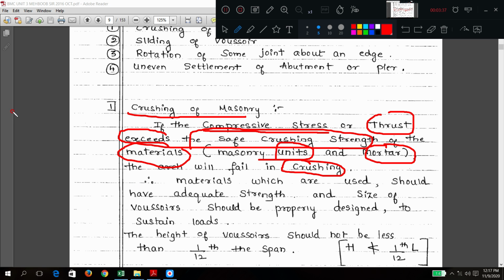What do you mean by this? The external compressive stress is more than the safe crushing strength. Strength means one may be mortar, another may be unit. If this exterior load is more than the strength of this masonry, crushing will take place. I hope it is clear now.